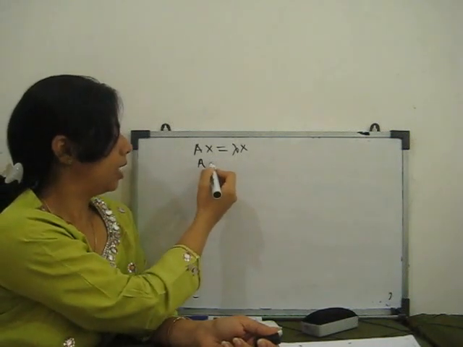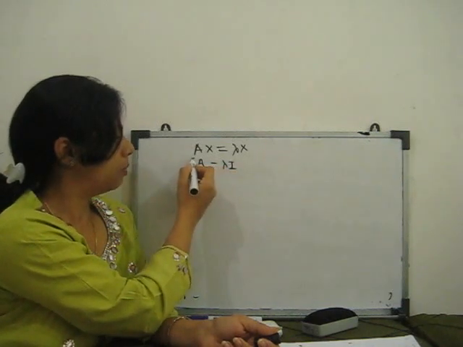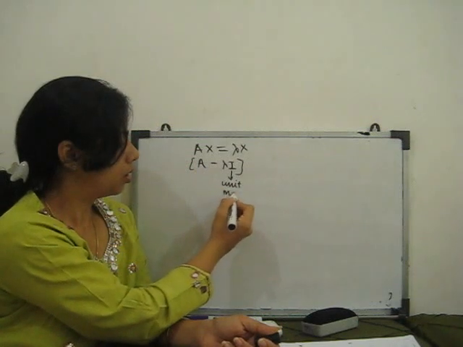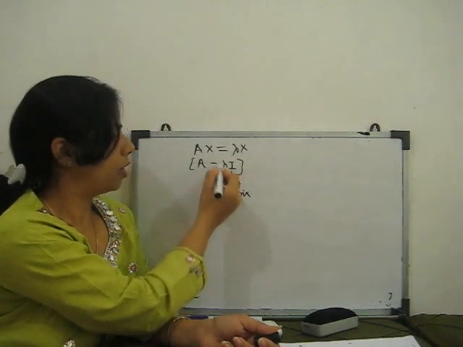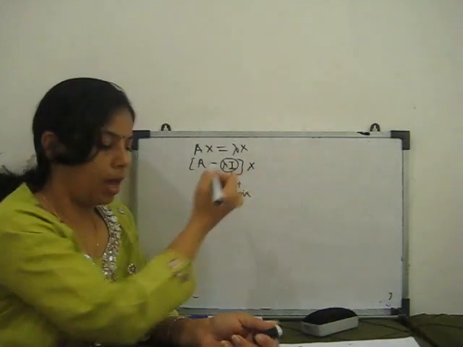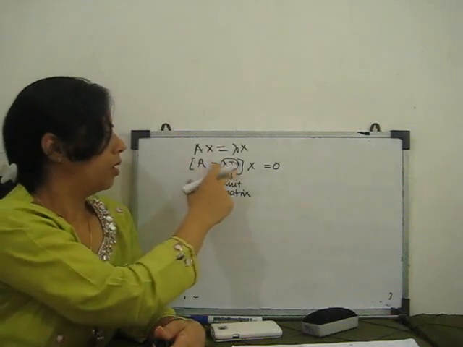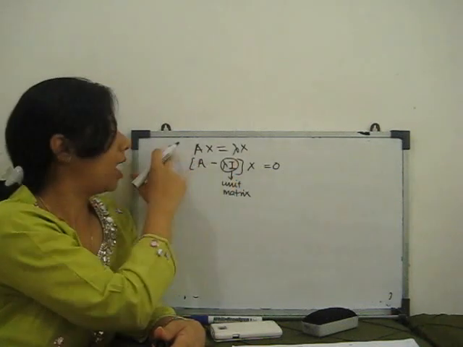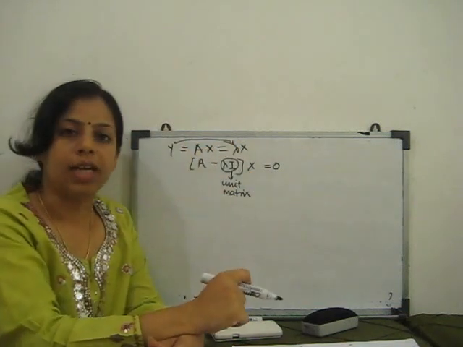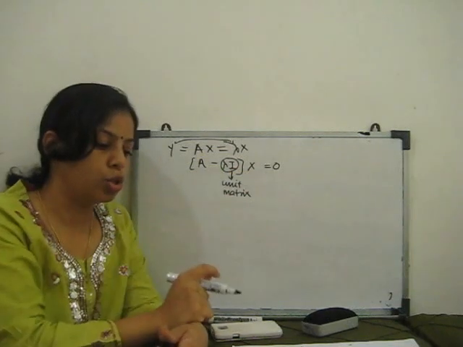It means if we write A minus lambda, since lambda is a constant, we multiply it by the unit matrix. So now it becomes a matrix. So (A minus lambda I) x equals 0. If y equal to Ax is satisfied, then lambda is one corresponding value which satisfies this for this vector, and (A minus lambda I) into x gives 0.